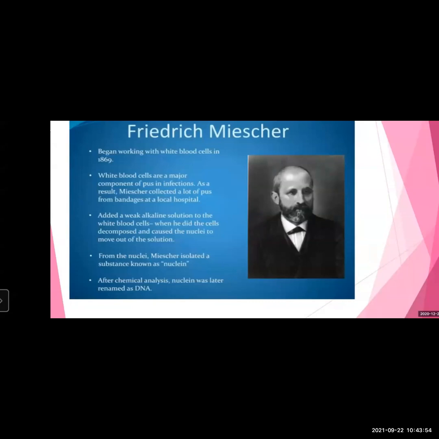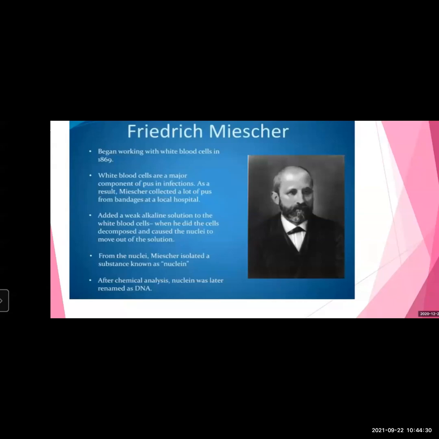Then he added a weak alkaline solution to the white blood cells. When he did, the cells decomposed and caused the nuclei to come out in the solution, right? As soon as he added the weak alkaline solution to those pus cells, they decomposed and the nucleus came out in the solution. From the nuclei, Miescher isolated a substance known as nuclein.